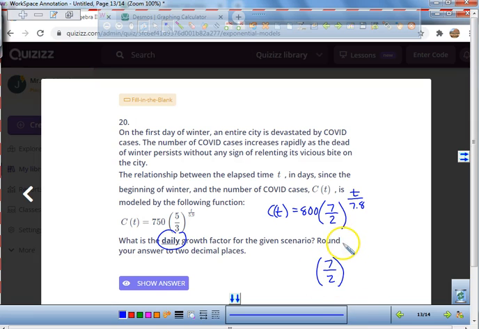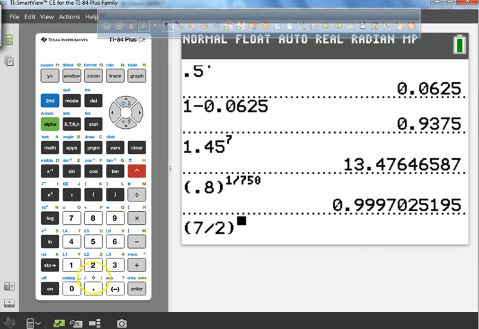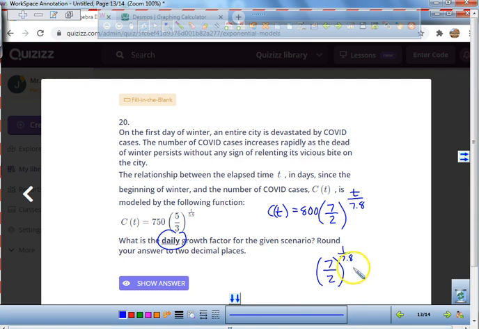And I would raise that to a power of 1/7.8. And that's what I would do. So I would do 7 divided by 2, and I would raise it to the power of 1 divided by 7.8. If it took 7.8 days to do it, then my answer would be 1.17.